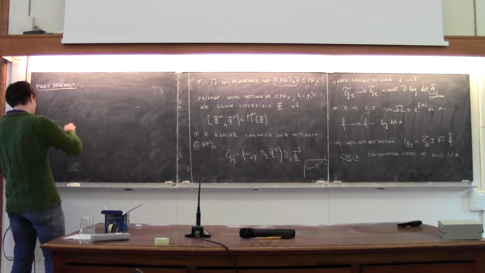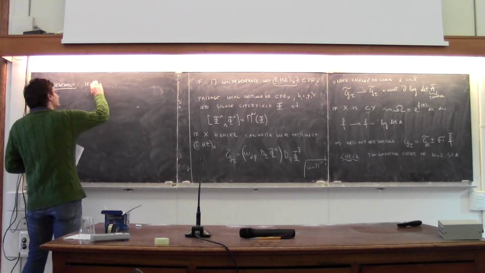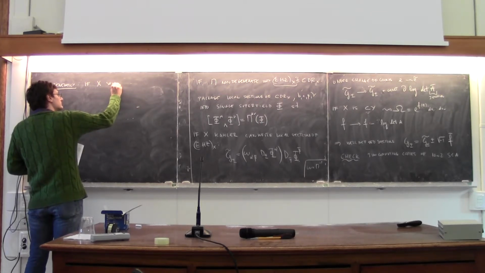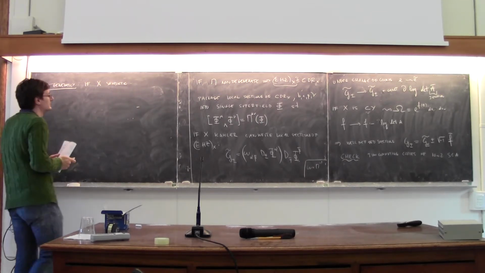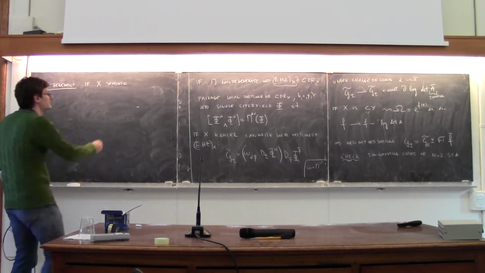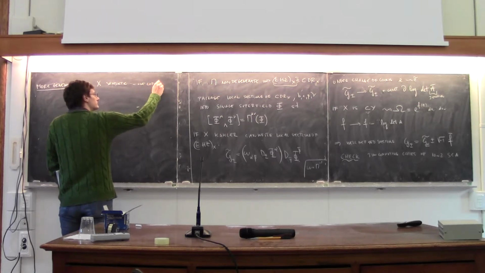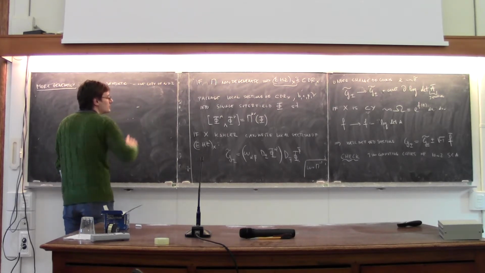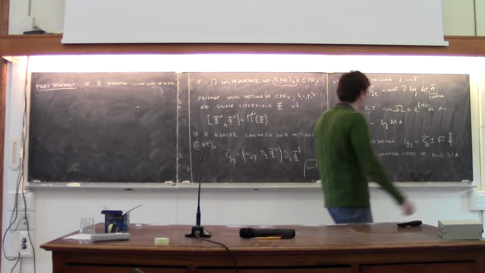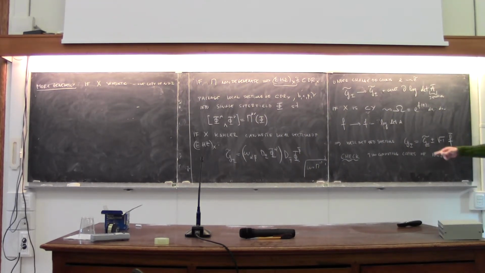if X is just symplectic, without further qualification, we get one copy of N equals 2, because by adding or subtracting g plus and g minus, you can get rid of this factor, so there's no need for correction.